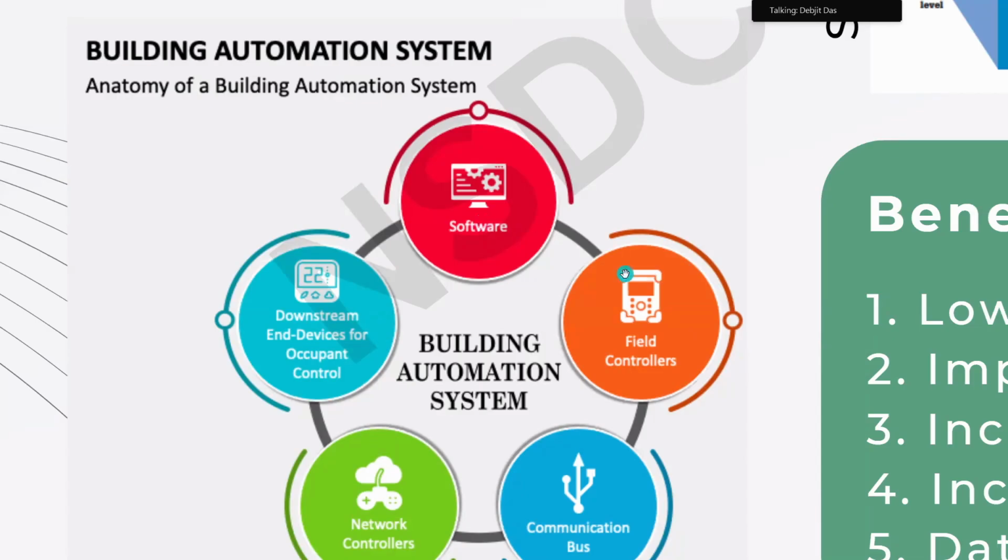First of all, you have these field controllers. So they are mainly controlling all the features of the air conditioning system. The input from here is going to communication bars. So you have some sensors there. So they are getting the inputs for you. You are giving them to communication bars. You have the network controllers.